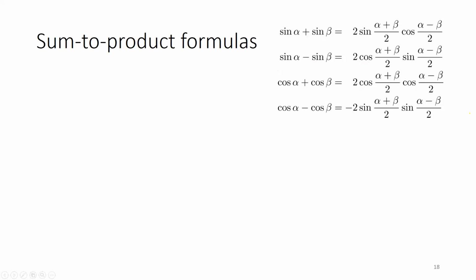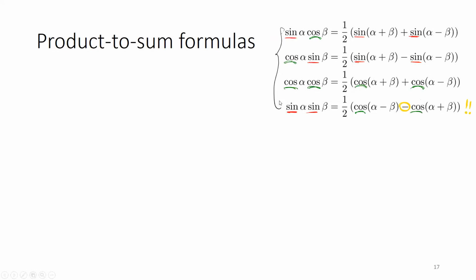And then the last set of formulas is the sum to product formulas. So they go the other way around. They go from a sum of sine and cosine, or a difference, and they give you a product of terms. So maybe go back to the previous slide. Here I had a product and I went to a sum or a difference.